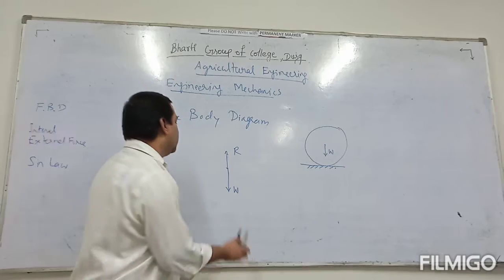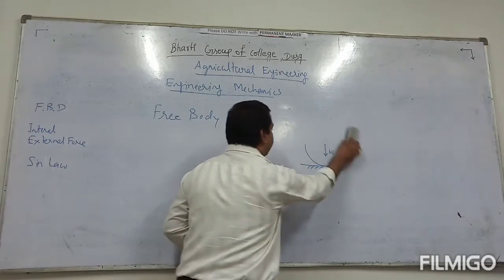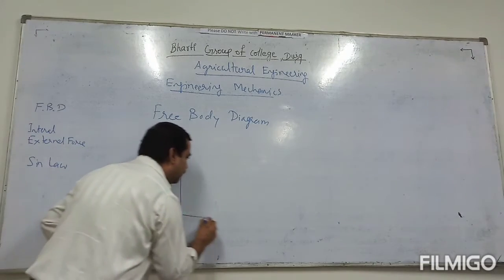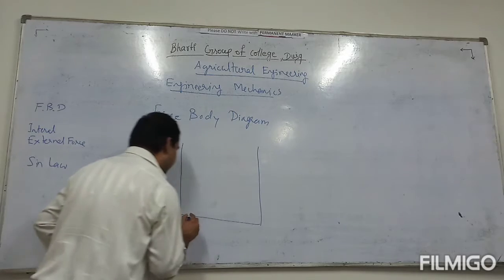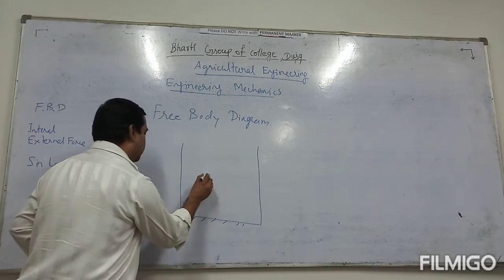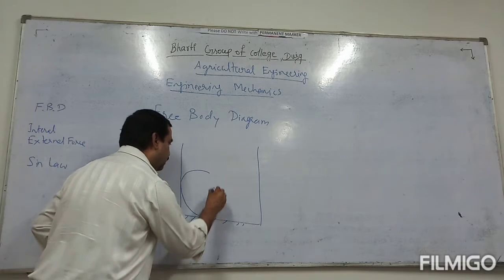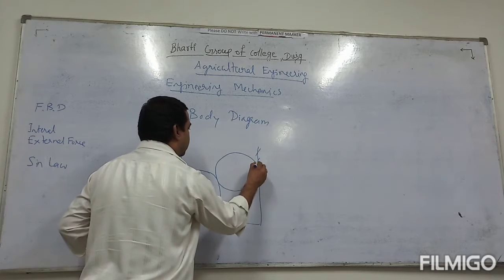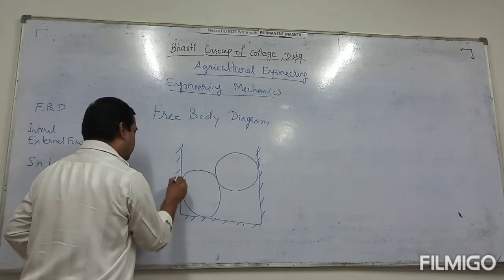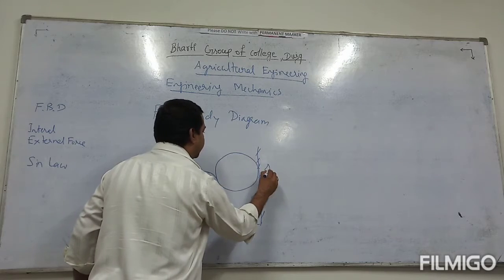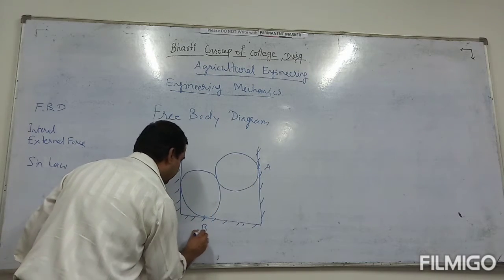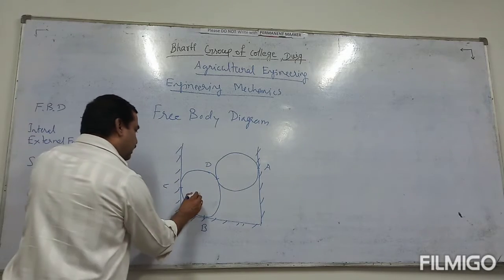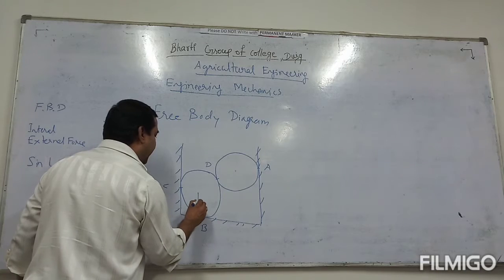If a number of balls, or spheres, are put in a cylinder or channel, say two balls, one here and the other here, then the contact points are A, B, C and D. In this case, the weights of the balls act downward.